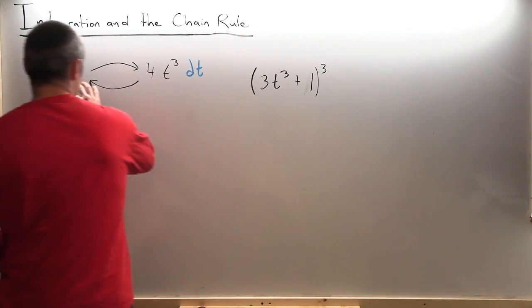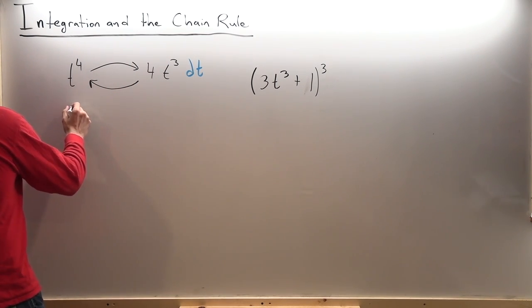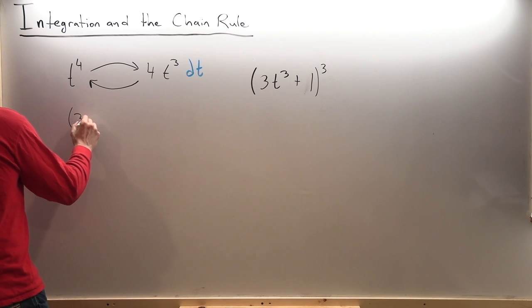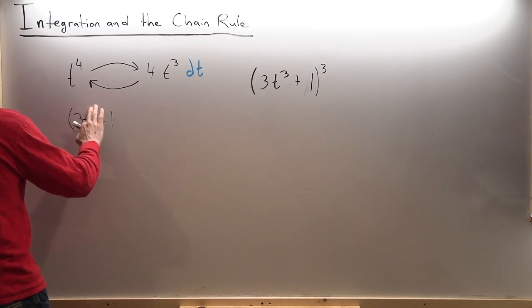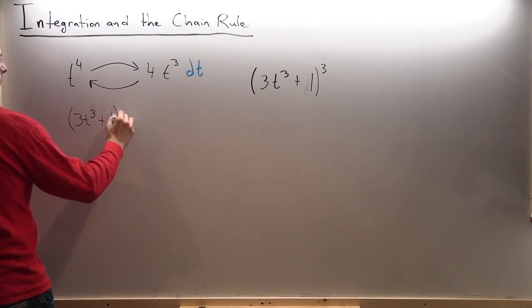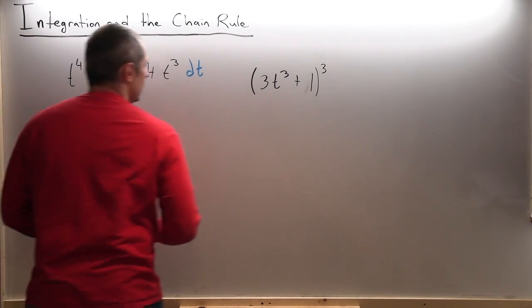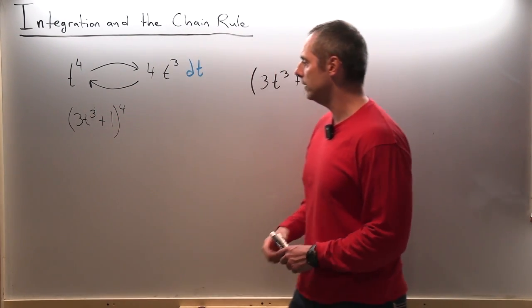Remember, derivative, antiderivative when you integrate. So let's start with a function 3t to the fourth plus 1 cubed. So this is what we thought maybe the integral would be with a 1/4 in the front.